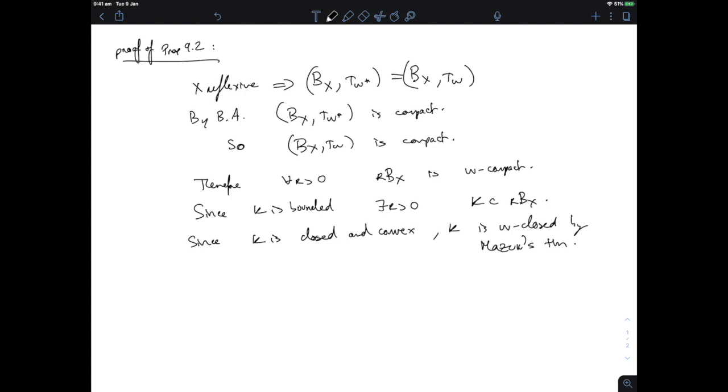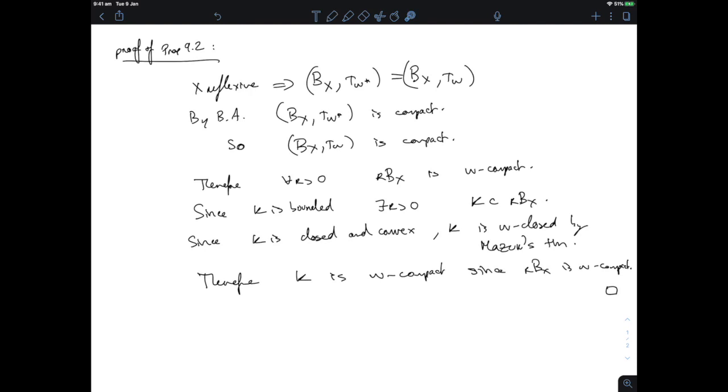Okay, now you have a set that is weakly closed inside a set that is weakly compact. So for the appropriate topology, you have a closed set included in a compact set. It has to be compact for that topology. So therefore, K itself is weakly compact since R times B_X is weakly compact. And that concludes the proof of proposition 9.2.